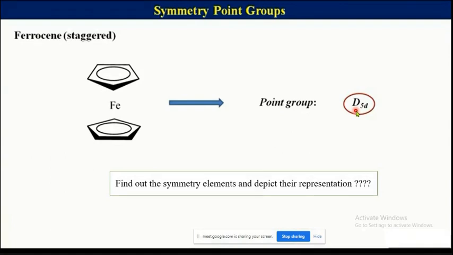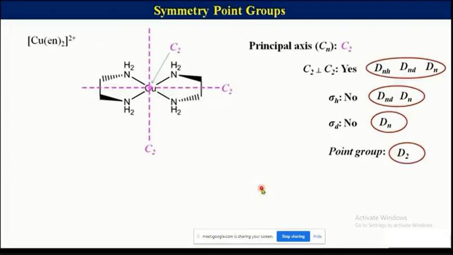And if you are well familiar with Jmol files, then try to make some online 3D model so that you can visualize which point group it can be. Here I have written: find out the symmetry elements and depict their representations. It's homework, do it. I will ask in the next lecture for sure.